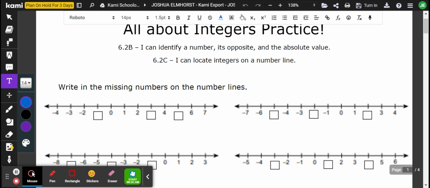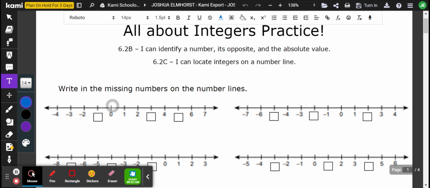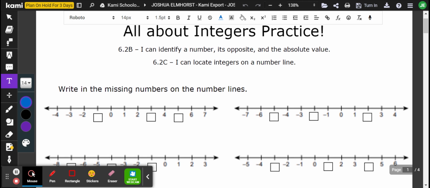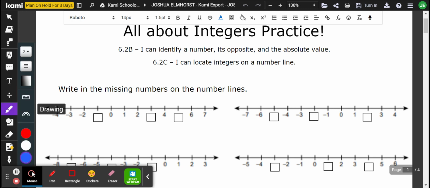The first task at hand, write in the missing numbers. So we are always going to start at 0. Going to focus right here, and we're going to go left, which is negative, and right from 0, which is positive.